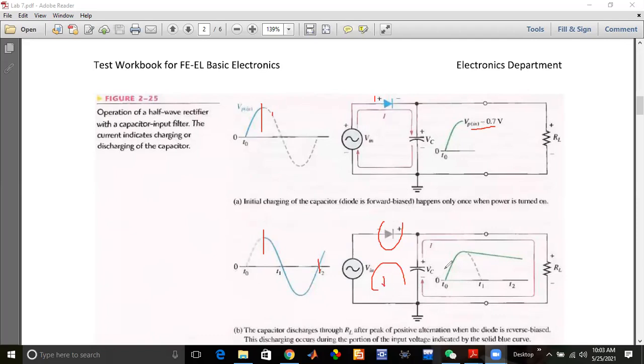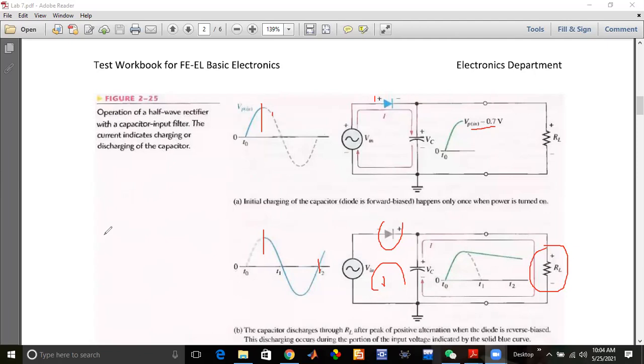So the current will flow in this circuit, and the capacitor will be discharged through this resistor. From here to here, in this portion, the capacitor will be discharged through resistor RL. But it is the property of the RC circuit that it charges quickly but discharges slowly.